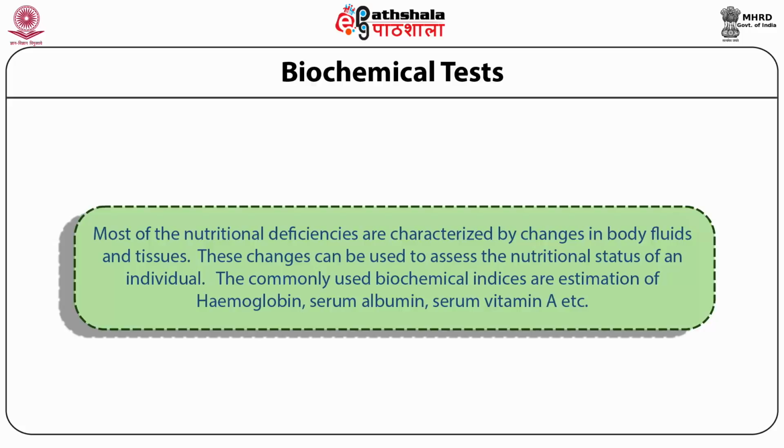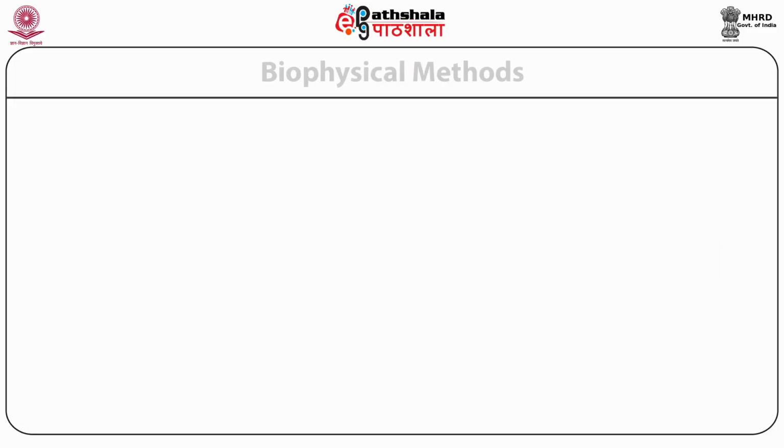In case of a nutritional deficiency, we notice the changes, and with the help of these changes, the nutritional status can be assessed. The commonly used biochemical indices are estimation of hemoglobin, serum albumin, serum vitamin A, etc.